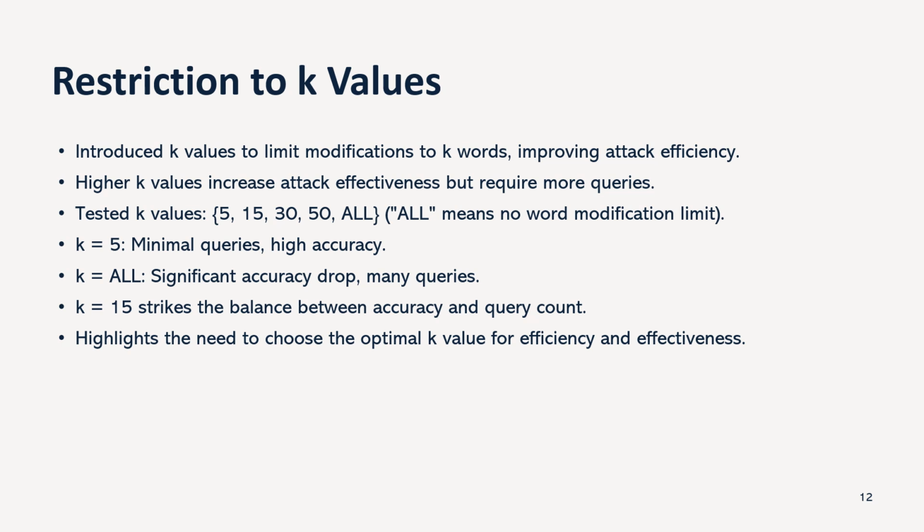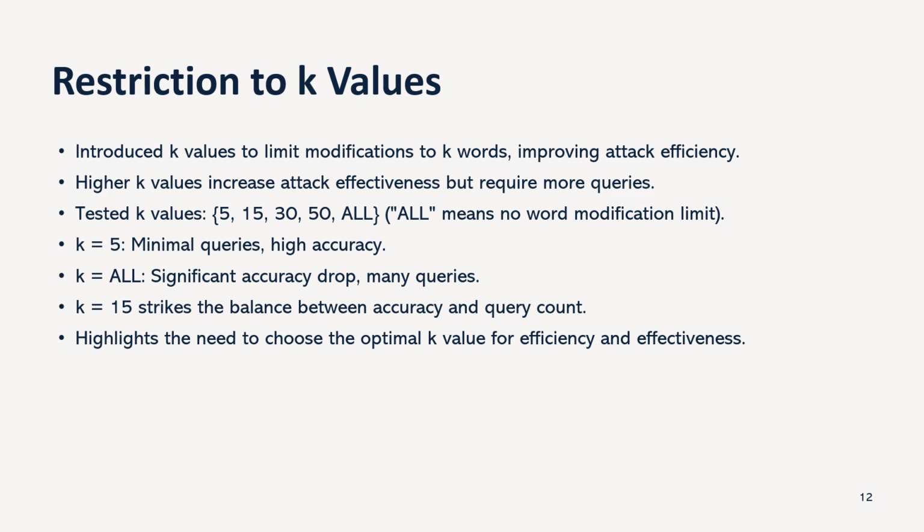A higher k value results in increased query numbers and reduced accuracy of the targeted classifier. At k equal to 5, minimal queries are required and target model accuracy remains strong. However, at k equal to all, accuracy experiences a significant drop accompanied by an extensive number of queries.